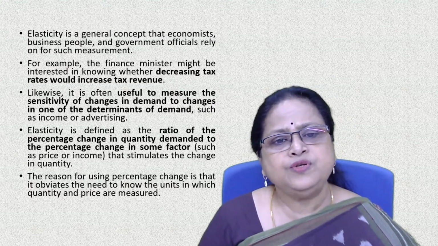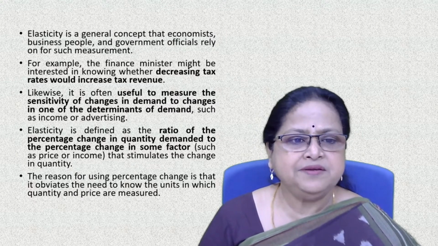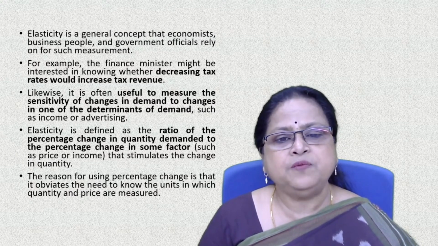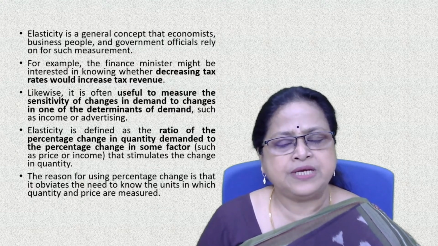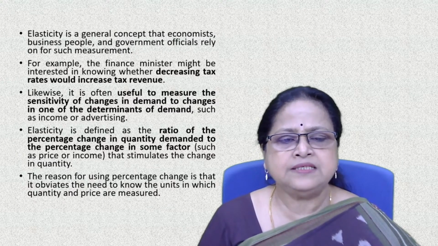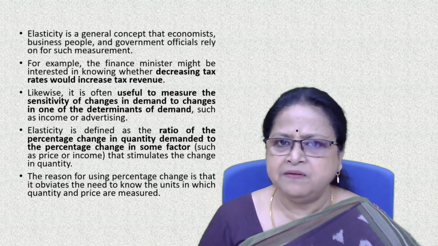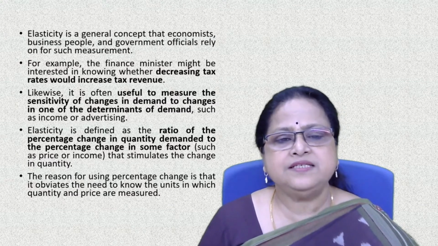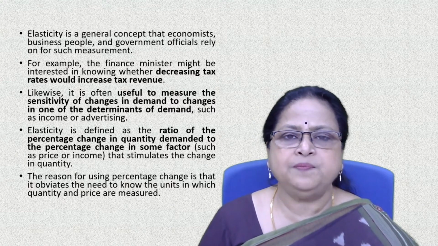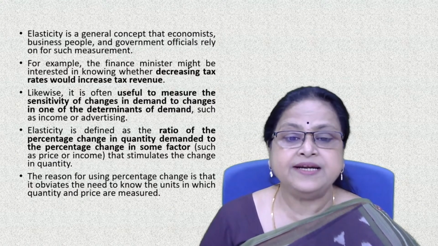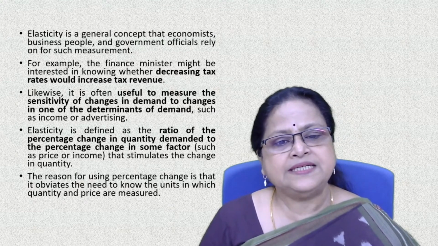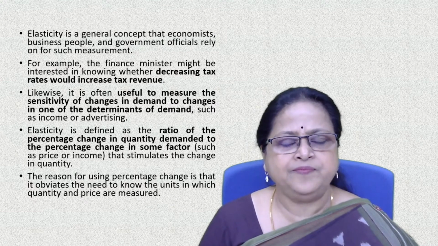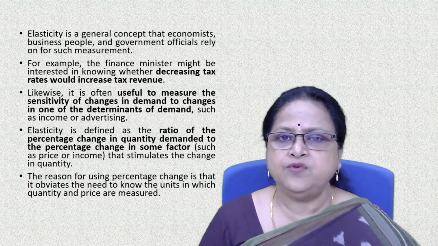Similarly, it is also useful to measure the sensitivity of changes in demand due to changes in one of the determinants of demand. As we discussed in the last class, the determinants of demand are income, advertising, price of other goods, etc. Now, elasticity is defined as the ratio of the percentage change in quantity demanded to the percentage change in some factor, such as price or income, which stimulates the change in quantity.